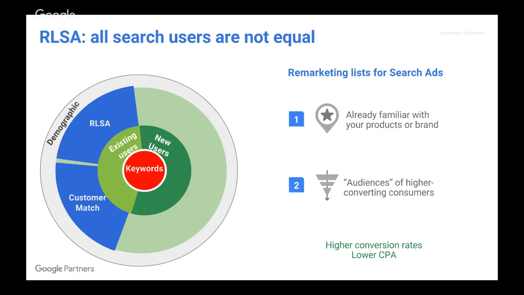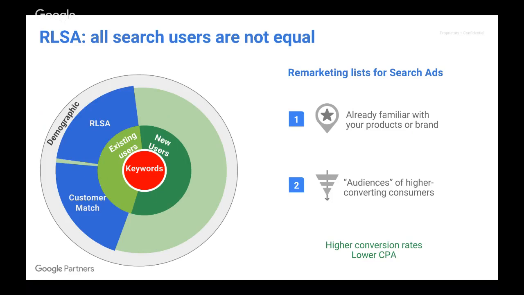The people typing your keywords can be new users or existing users. We have seen last time when we were talking about remarketing that someone who visits a website, in 96% of cases, will leave that website without converting, as we recapped also at the beginning of this session.